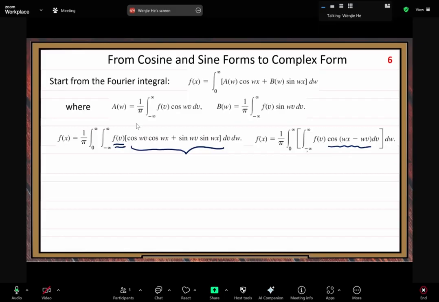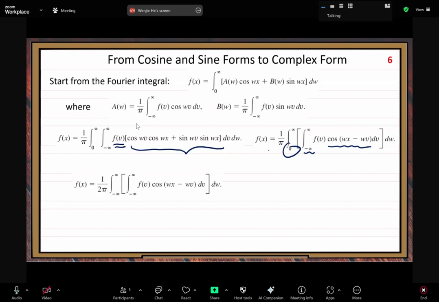The inner integral is from negative infinity to infinity, but the outer integral is from 0 to infinity, half of the axis. Then, can we get the other half, the negative half?